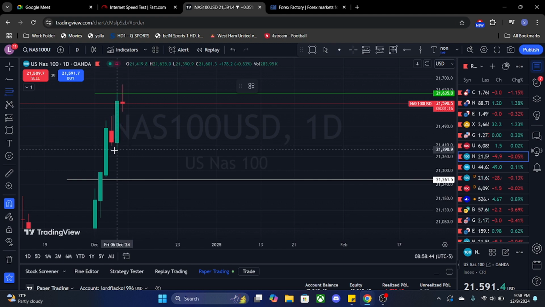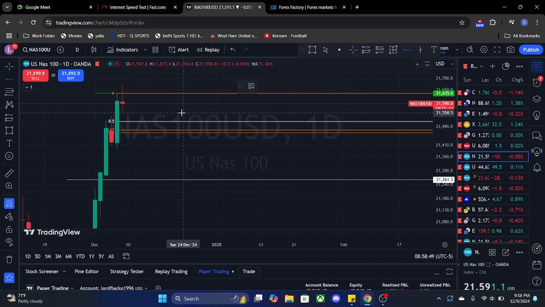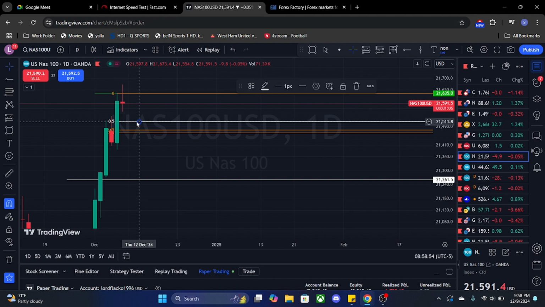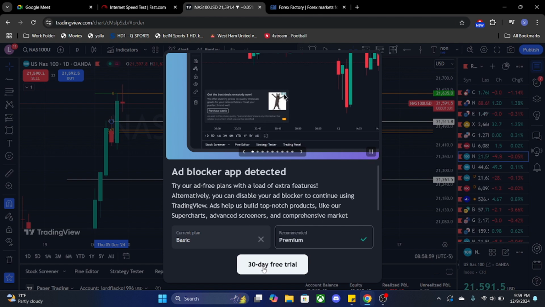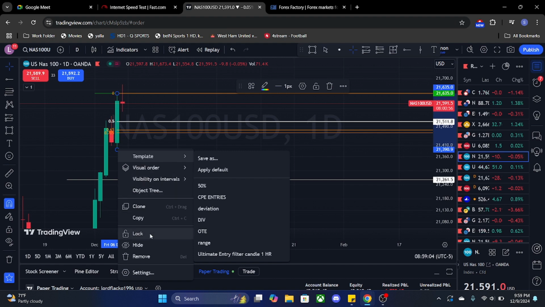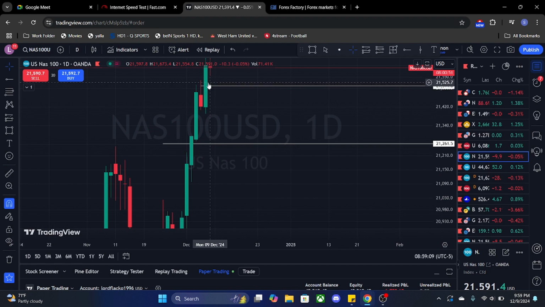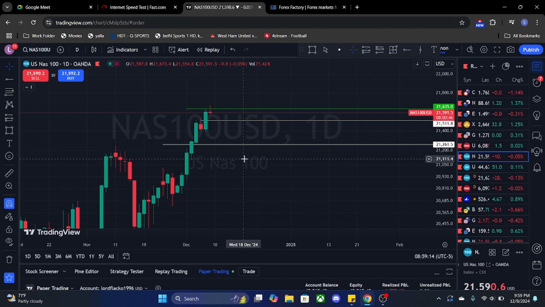I'm working with this over here, the 50%. And later, this is my 50% on the daily candle. This will be my 50% on the weekly candle. Granted, we make a deep retracement because we still have inefficiencies below here.